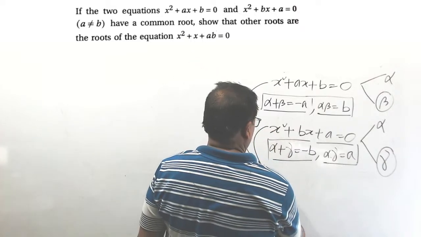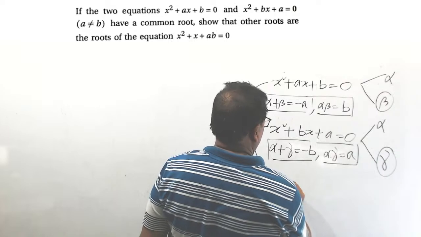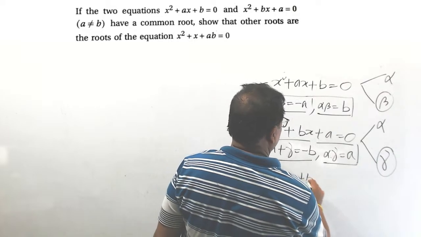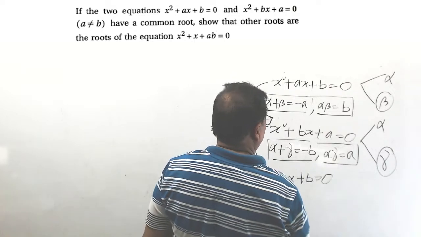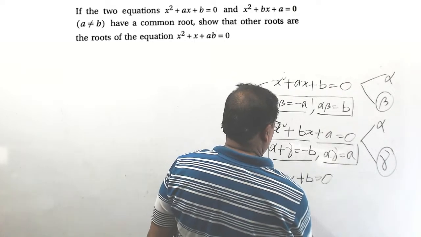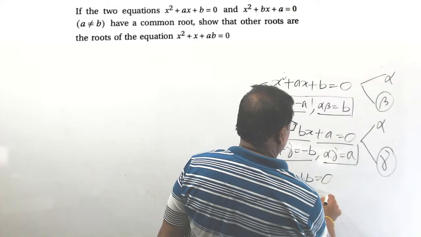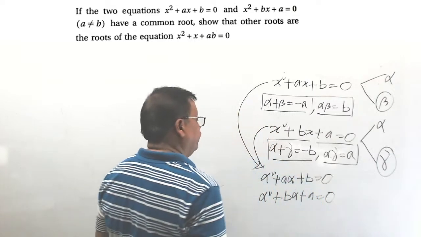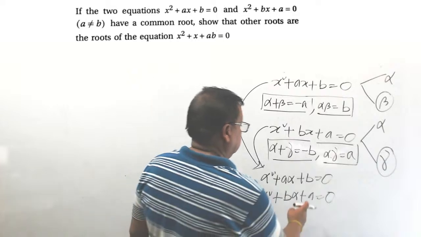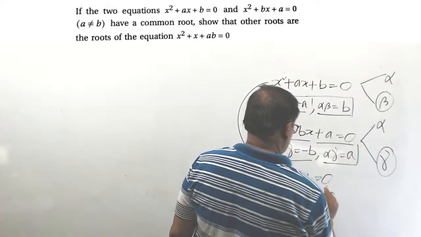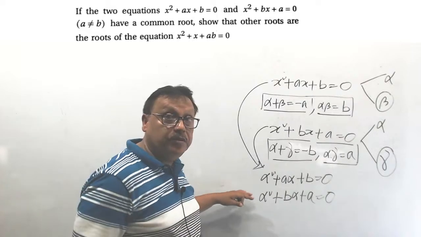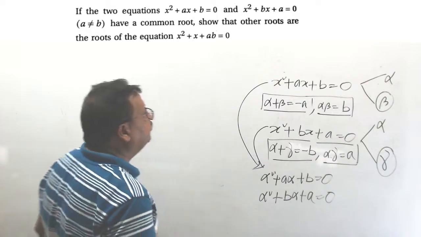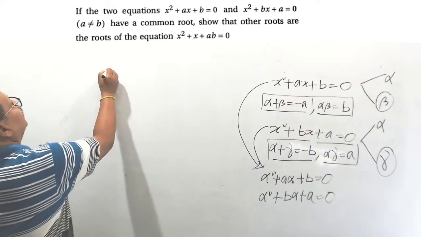That means alpha square plus a alpha plus b equals 0, and alpha square plus b alpha plus a equals 0. Understood? Now, same procedure, the cross multiplication method.